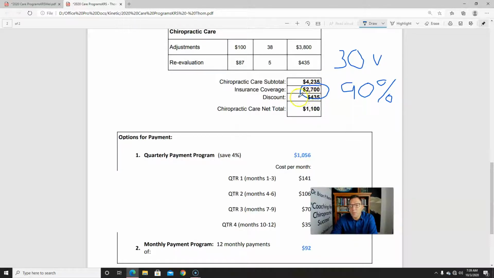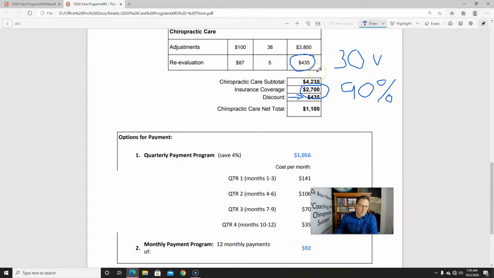We recommend that you always give a patient some sort of discount, right? The discount is important to show that you're giving them a benefit for going on a plan, and they're saving. This one, specifically, we make it easy a lot of times, is we don't charge them for those re-exams. The reason we choose not to charge for that is because in my office, we're doing a re-exam on 5 of the 38 visits here.